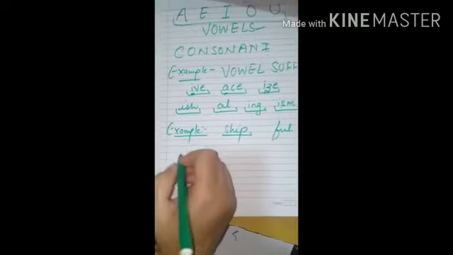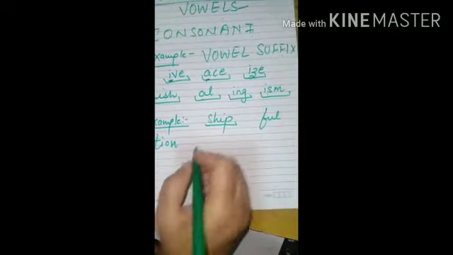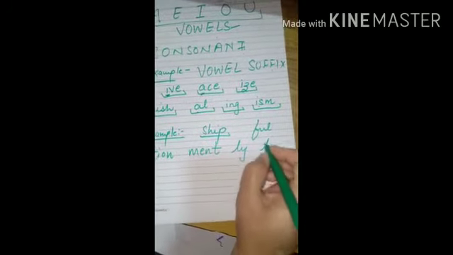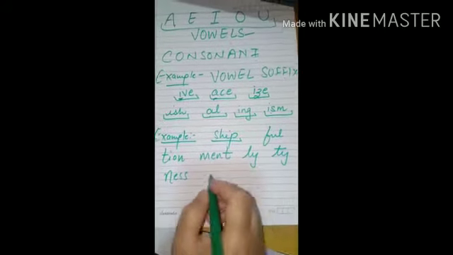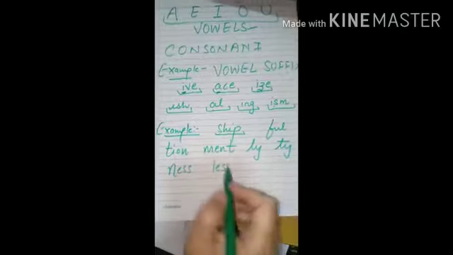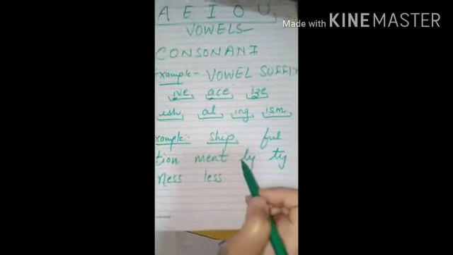Along with this we can have shun, ment, ly, ty, ness, less, and so on. There's a big list of vowel suffixes and consonant suffixes.